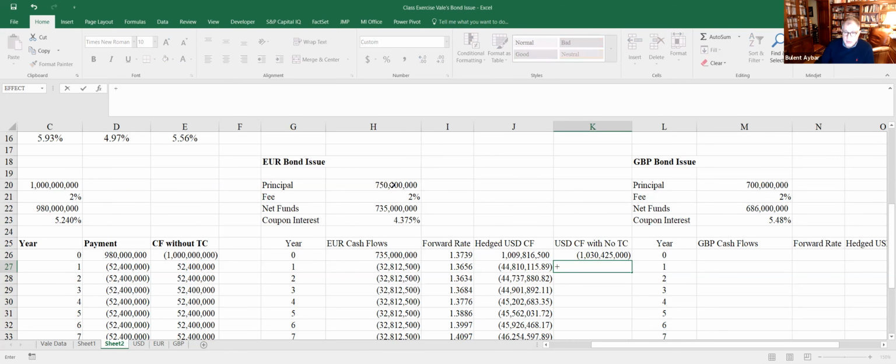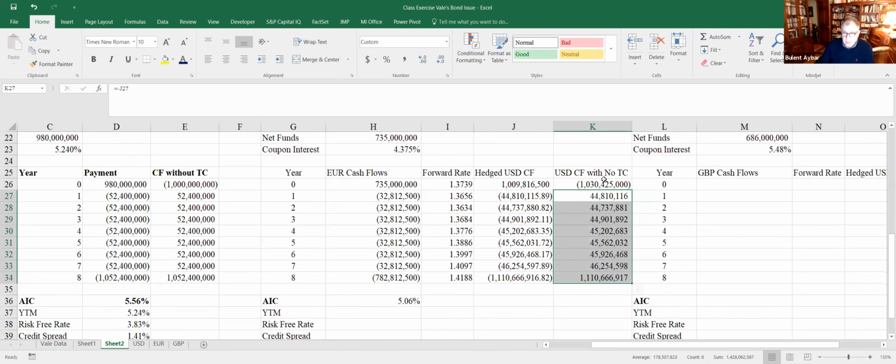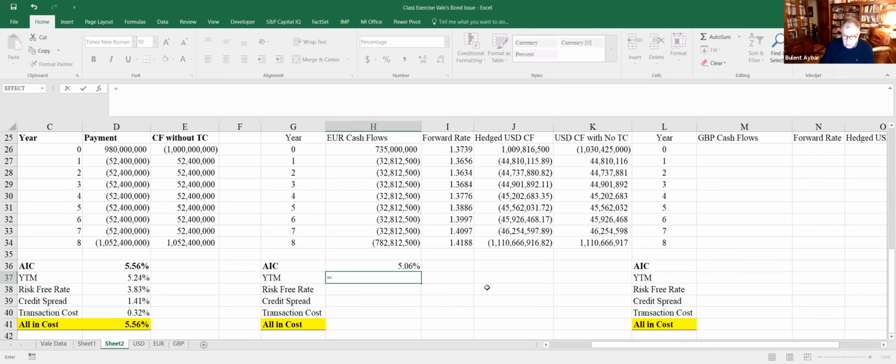And then they're going to receive all of these cash flows that are listed. If I copy this through, I get all of the cash flows that investors are going to receive. So the investor pays this amount and in exchange receives all of these cash flows. So yield to maturity is the internal rate of return of that stream.